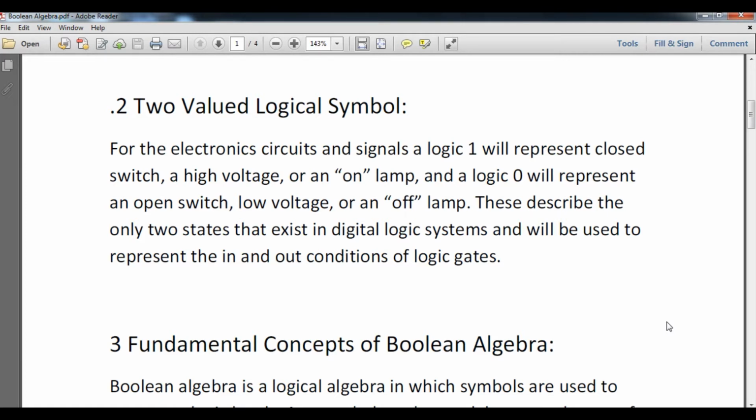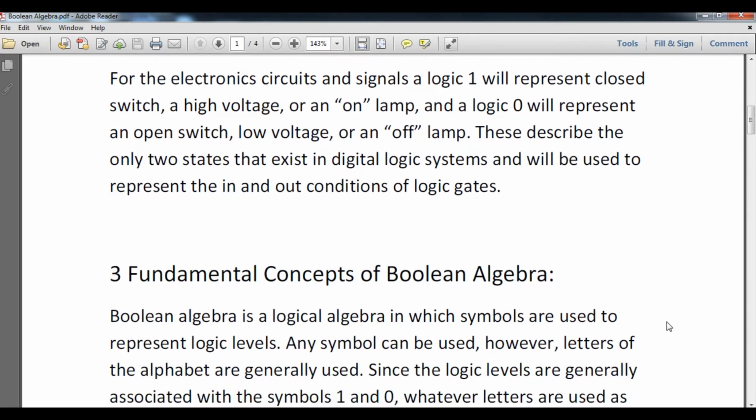So, students, we can consider two states of every electronic circuit: either it will be in the on state or the off state. According to Boolean algebra, it is considered 1 if it is on, 0 if it is off. That's why the computer also understands the binary language, which is a combination of 0 and 1, meaning on and off.